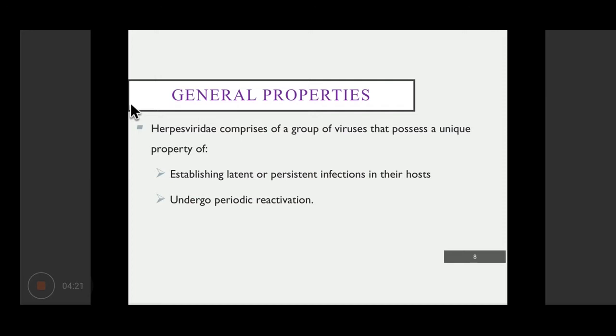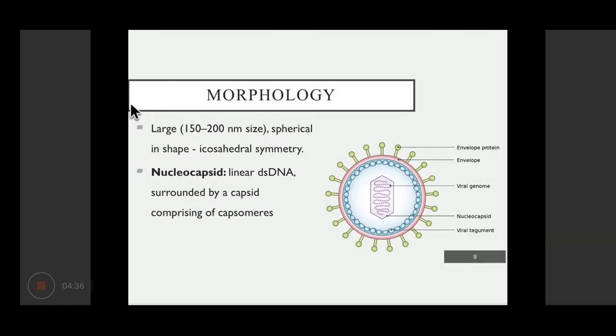These viruses include a group of viruses that have the unique property of being able to establish latent infection or persistent infection in the host in various cells of the body, and subsequently they can undergo periodic reactivations. Morphologically, they are spherical, they have icosahedral symmetry, and their structure, as you can see in this diagram, has a viral genome that is double-stranded DNA enclosed by a nucleocapsid.